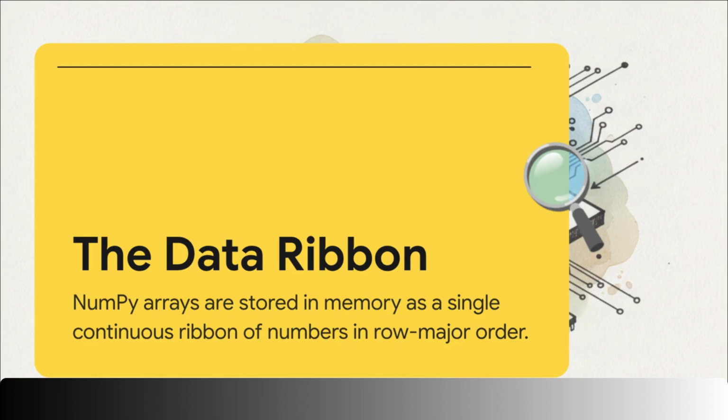Nope. It actually exists as one long, continuous ribbon. Think of it like a really long grocery store receipt of 12 numbers. This flat layout is called row major order. So literally every multi-dimensional array you ever create is secretly just a flat line of data under the hood.